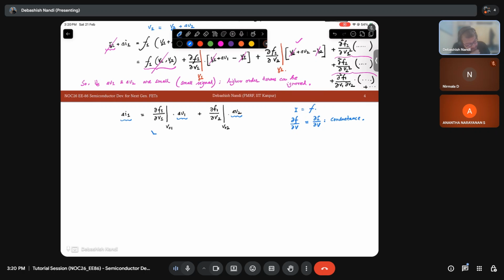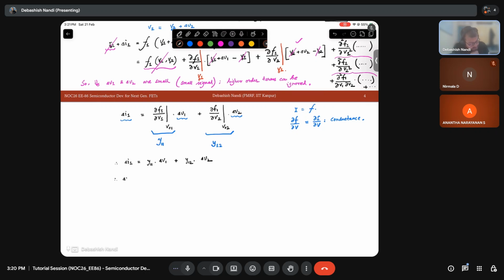So this term is basically your Y11 parameter, and this term is basically your Y12. So delta I1 is equal to Y11 times delta V1 plus Y12 times delta V2.